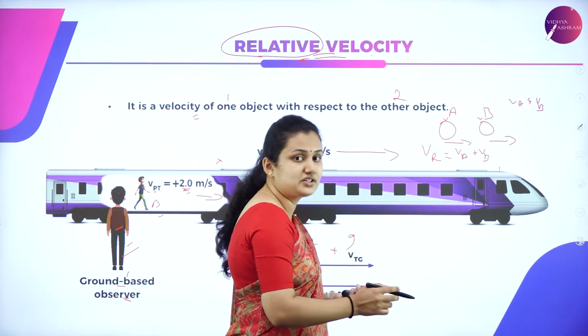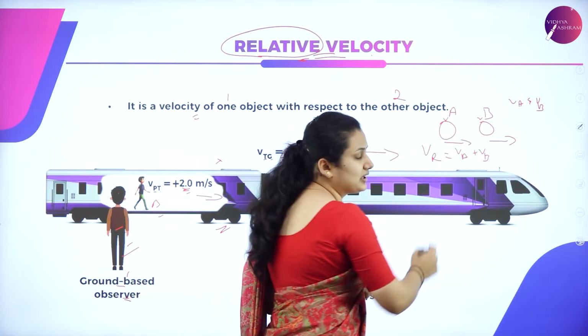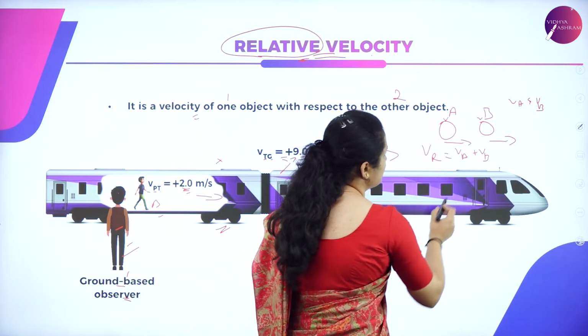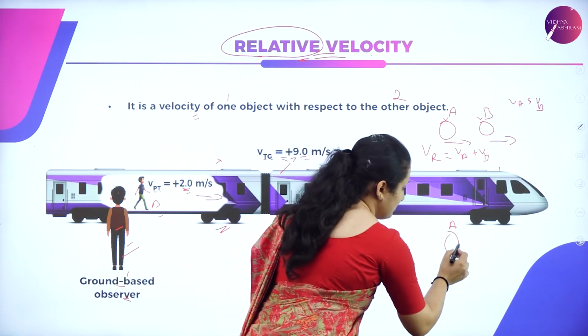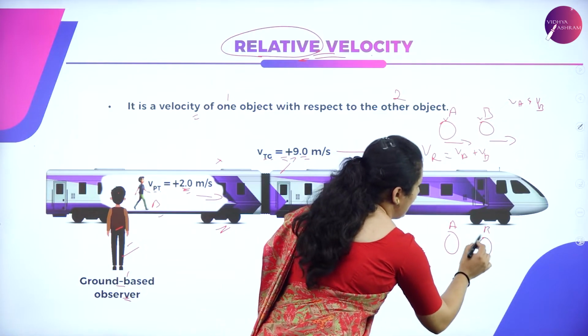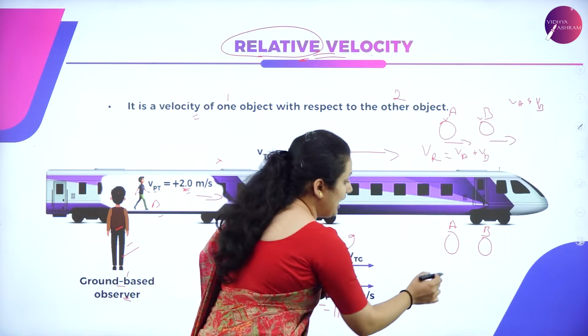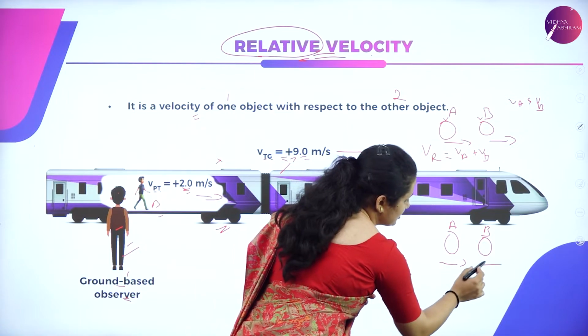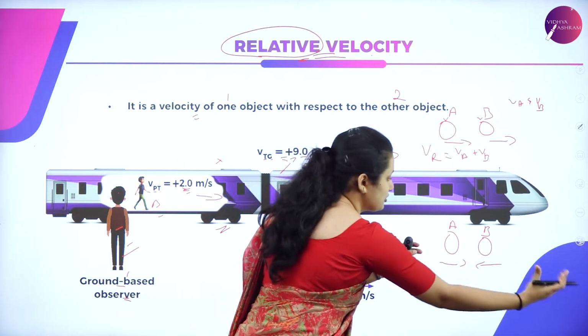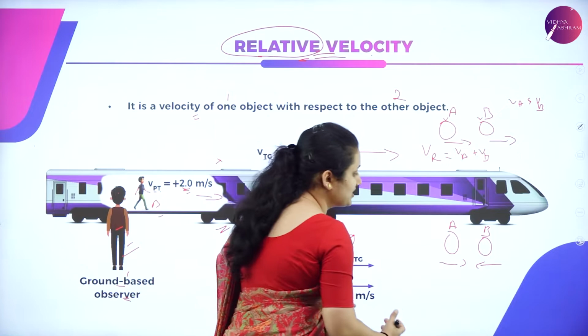This is the velocity of A with respect to B. If the same objects A and B, having velocities VA and VB, are moving in opposite directions, A is moving towards B and B is also moving towards A.